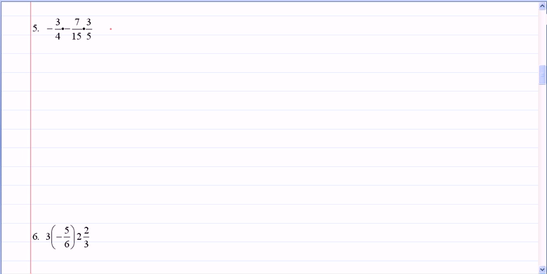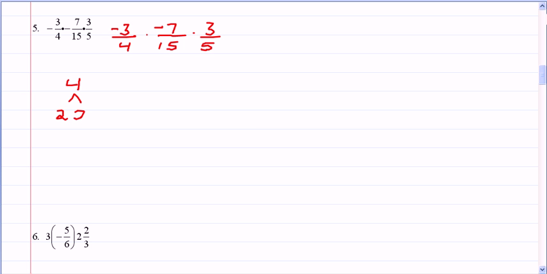For number 5, I have negative 3 over 4 times negative 7 over 15 times 3 over 5. So the only numbers here that aren't prime are 4 and 15.